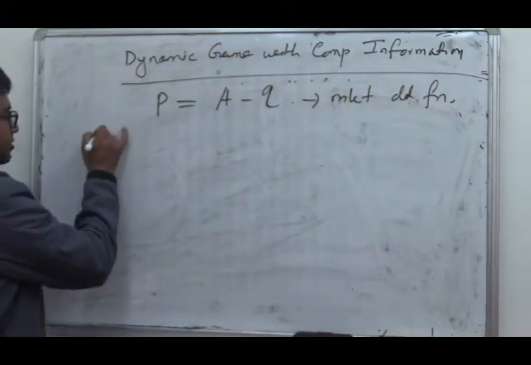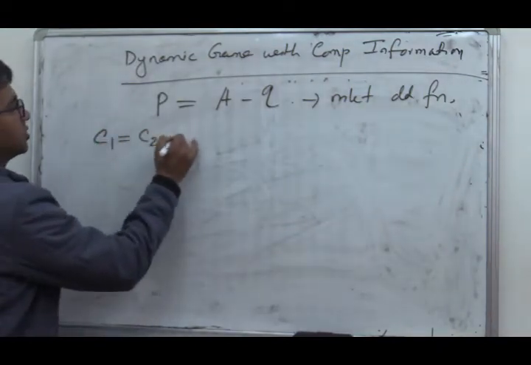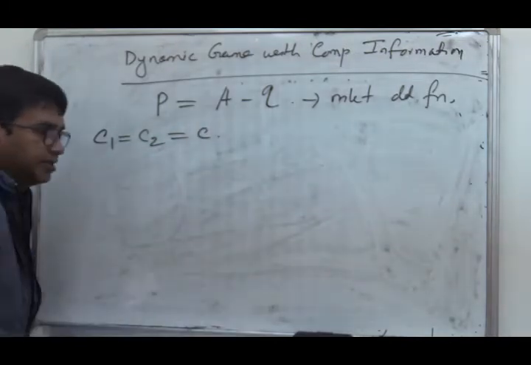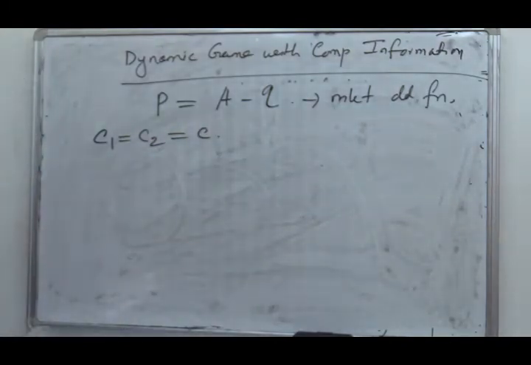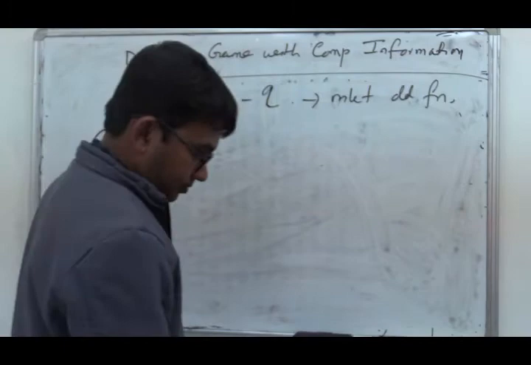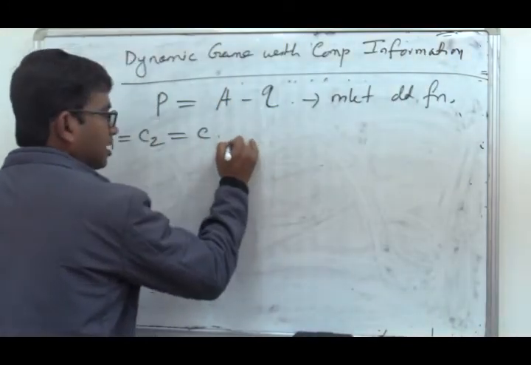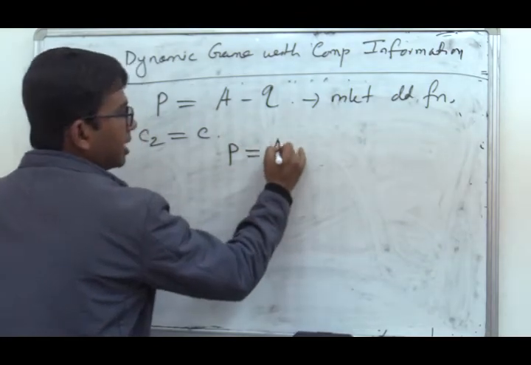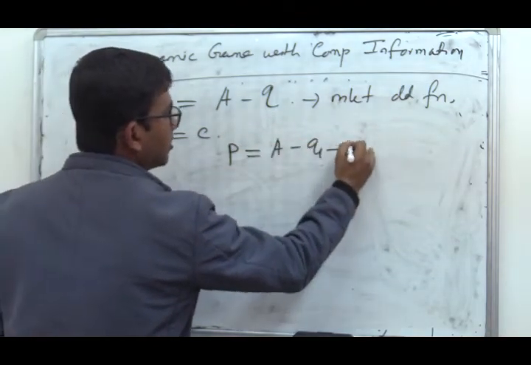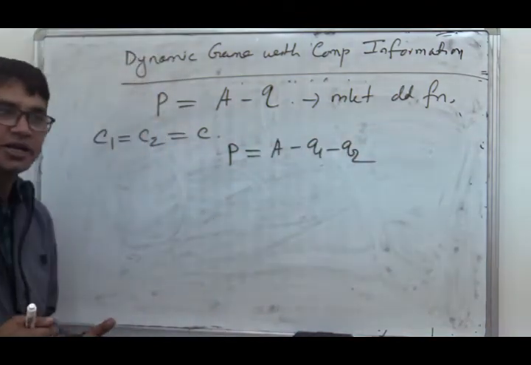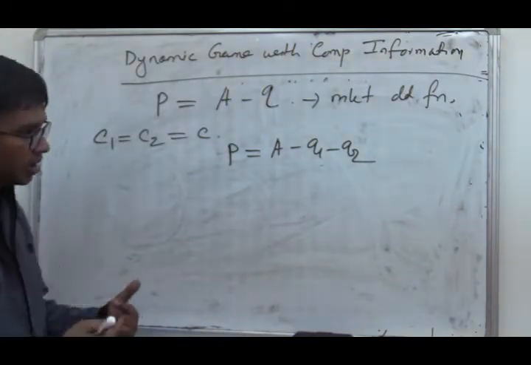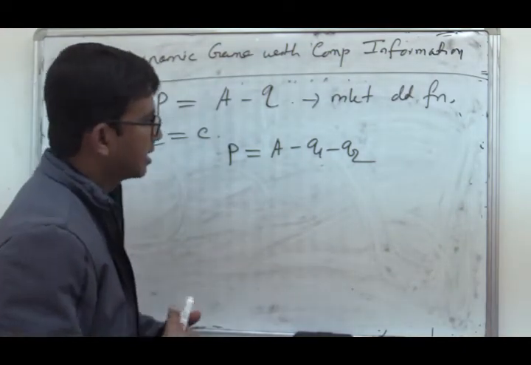And for the sake of simplicity, we consider that for both firms the marginal cost is the same and it is C. Now we can write P equals A minus Q1 minus Q2, because just like the Cournot model, here both firms are selling identical products.